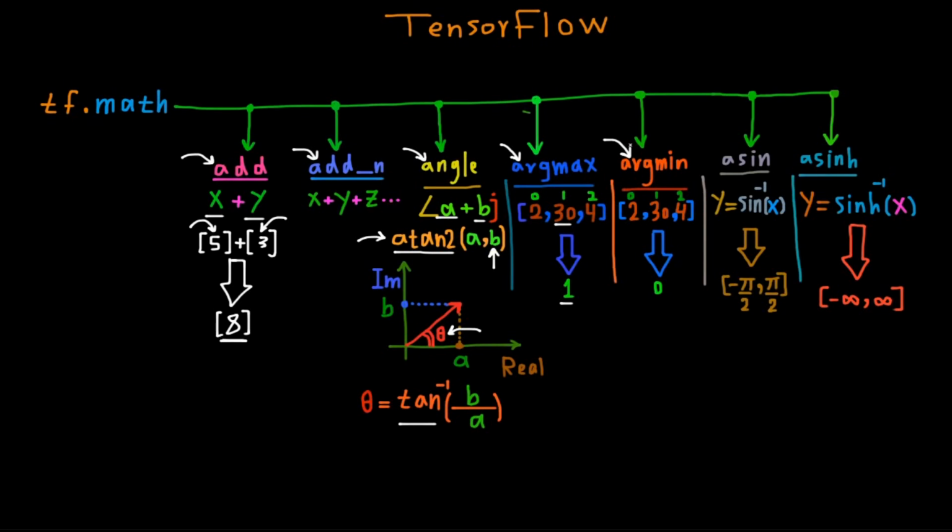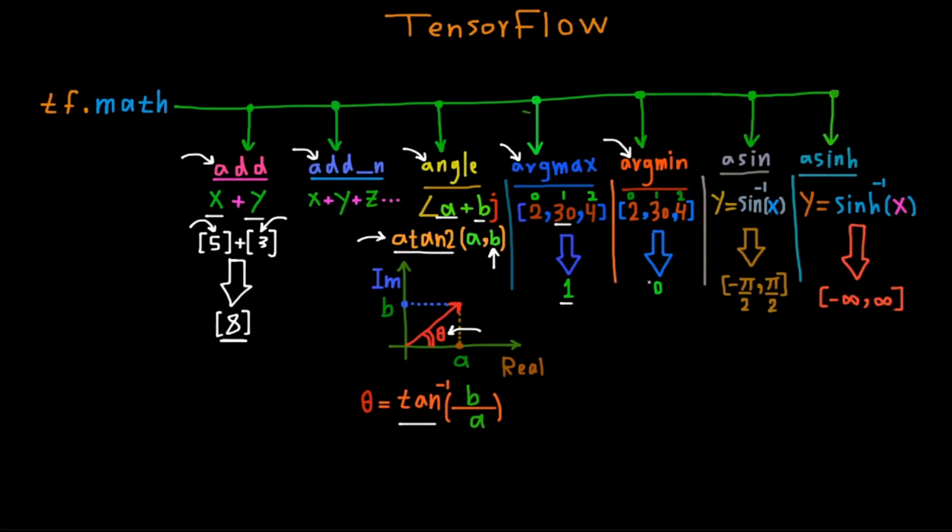It returns the index of the smallest value across axes of a tensor. Let's take the same tensor and apply the argmin function. As you can see here, the smallest value in this tensor is 2. The index of 2 is 0, so the argmin function will return 0.